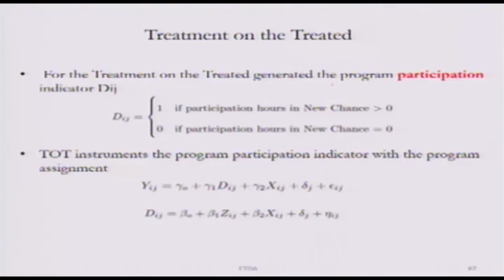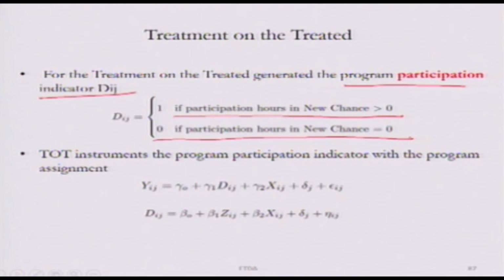So, for the treatment on the treated, we generate a program participation indicator Dij. So, this is not program assignment, but program participation. So, Dij is equal to 1 if the participation hours in New Chance training program is greater than 0. It is equal to 0 if participation hours in New Chance training program is equal to 0.